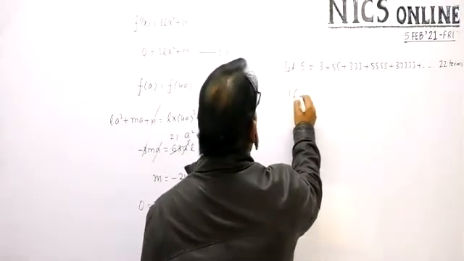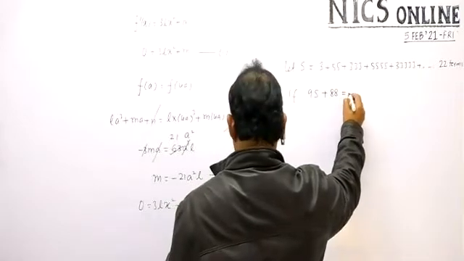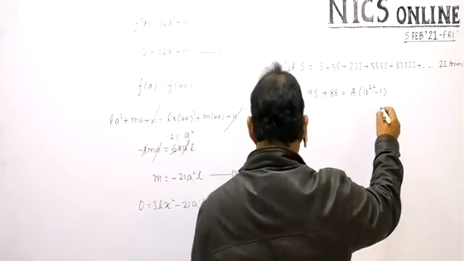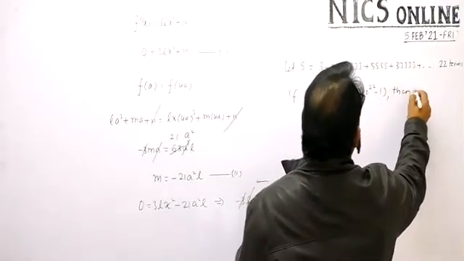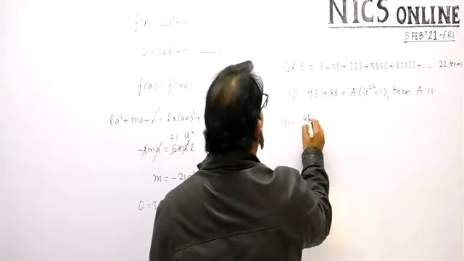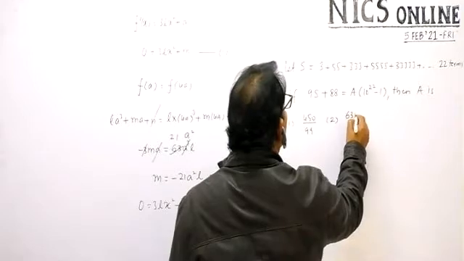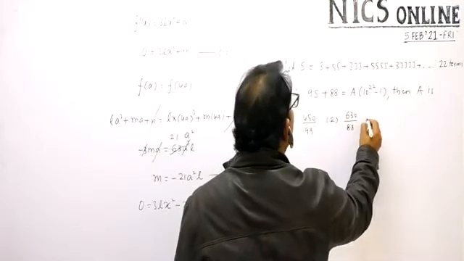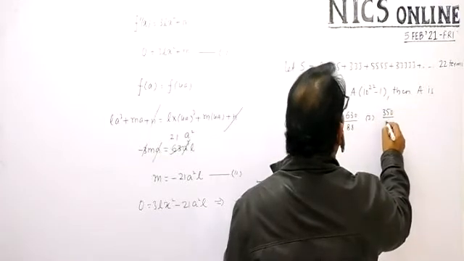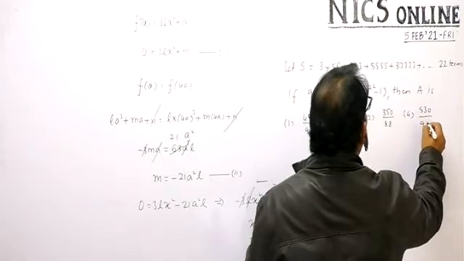If 9S plus 88 equals A into 10 to the power 22 minus 1, then A is. The options: 450 by 99, 630 by 88, 350 by 88. Fourth one is 530 by 99. These are the options.